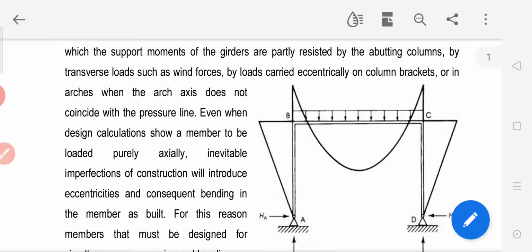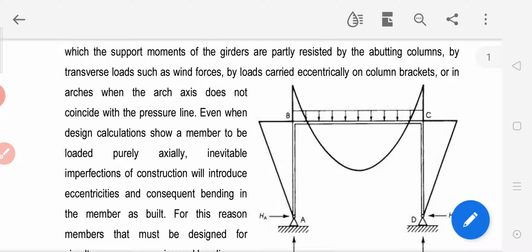resisted by the abutting column, by transverse loads such as wind forces, by loads carried eccentrically on column brackets, or in arches when the arch axis does not coincide with the pressure line.